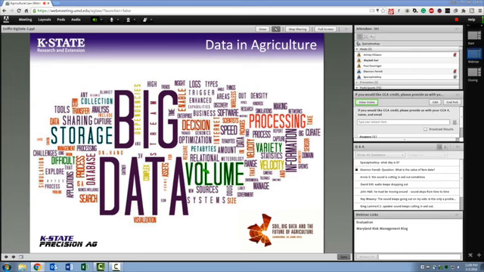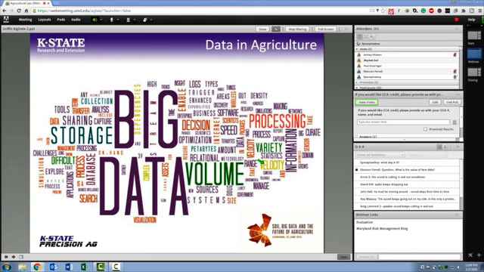Historically, I would download data to my computer to analyze it. When data are truly big, that may not be feasible. We may have to move the analytics to the data. Another term is velocity, speed.